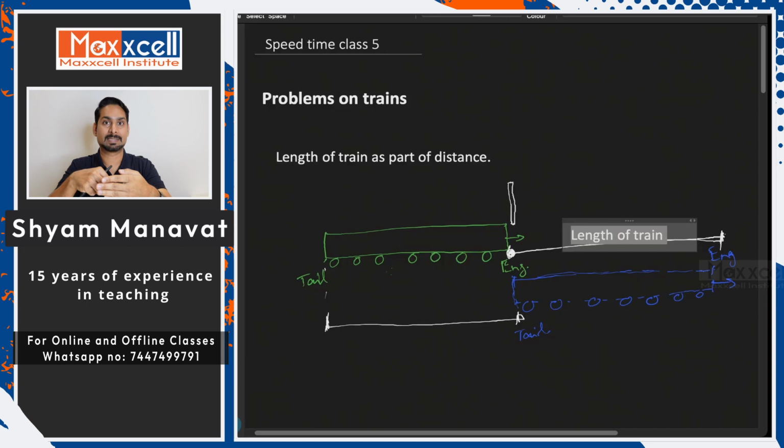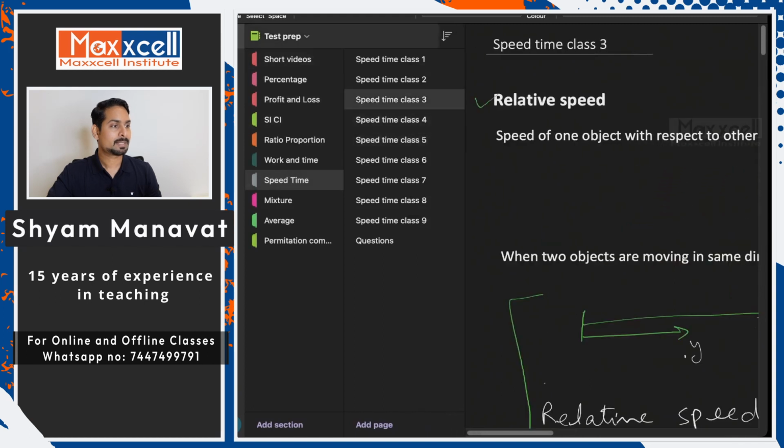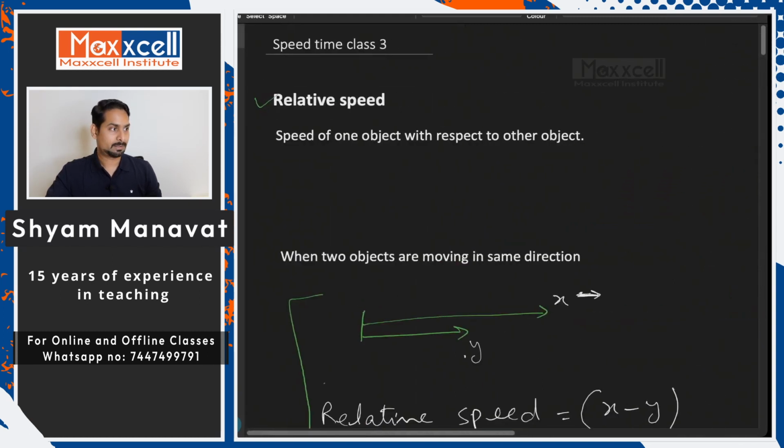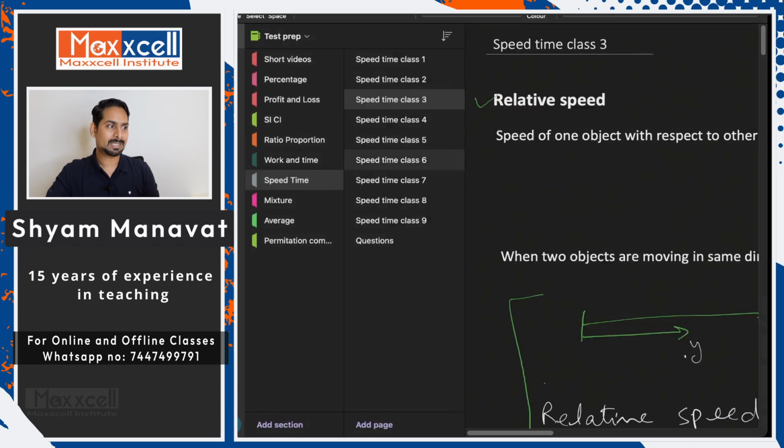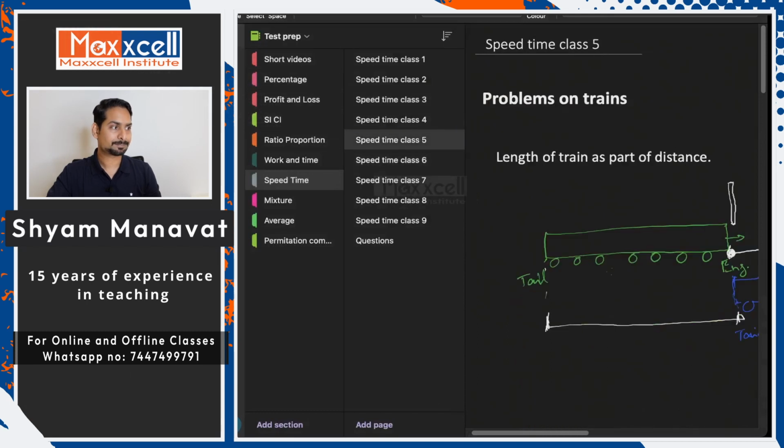Here, two objects are moving, and when two objects are moving, we are going to apply relative speed. Correct? The formula is the same, the concept is the same.